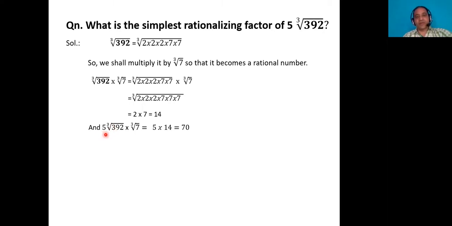So when we multiplied with cube root 7, we got 5 into 14, because the value of cube root 392 times cube root 7 was 14, and 14 into 5 comes out to be 70. This way we have converted this into a rational number. Hence the simplest rationalizing factor is cube root 7. Why? Because we multiplied with cube root 7.